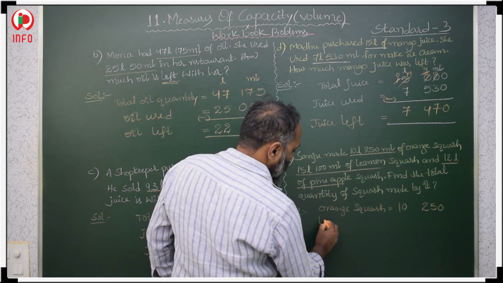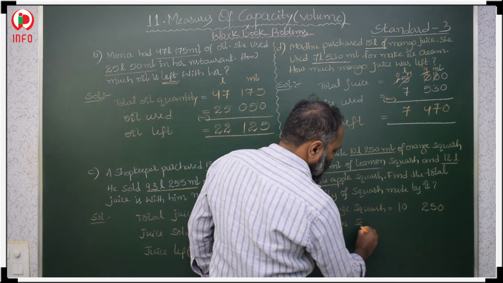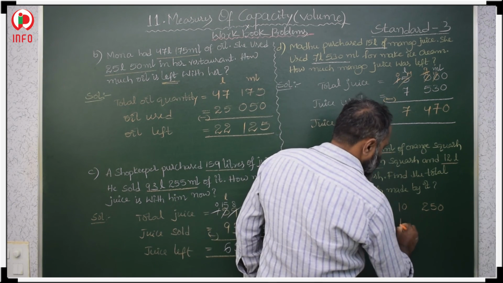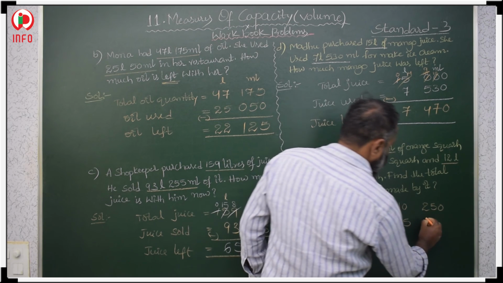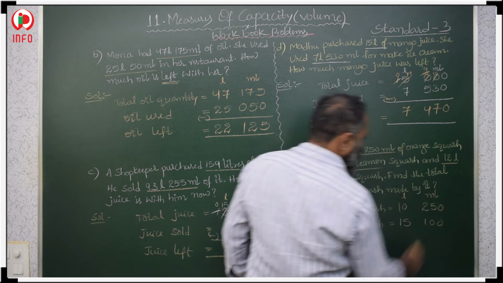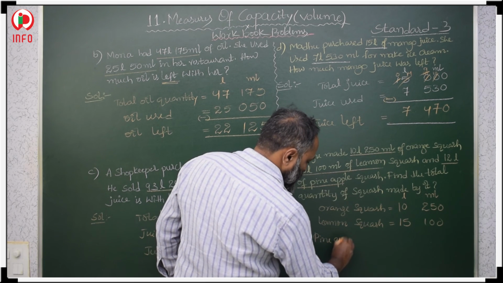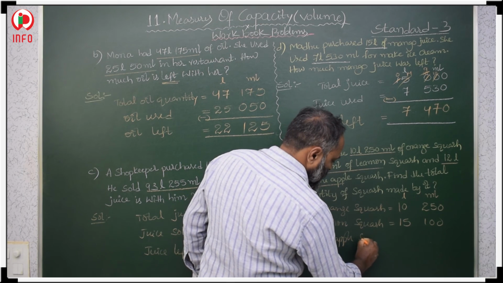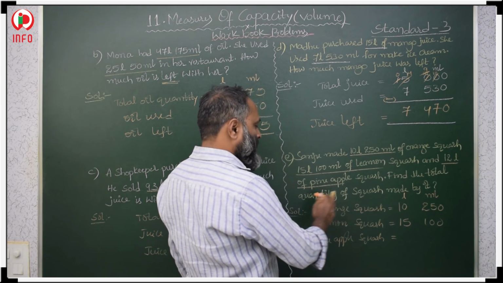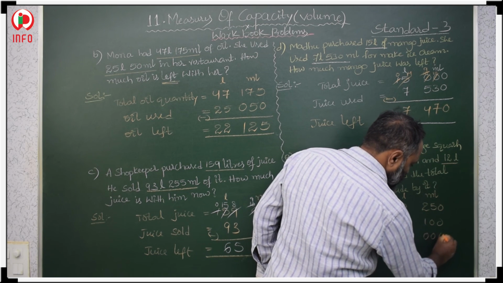Next lemon, 15 liters 100 milliliters. Here this is liters, this is milliliters. Then pineapple, that is 12 liters. Here no milliliters means 0, 0, 0.